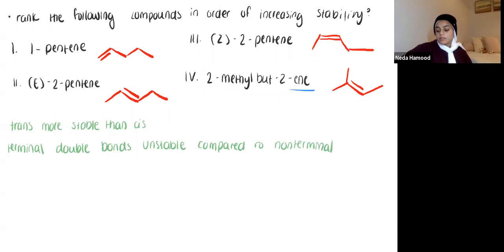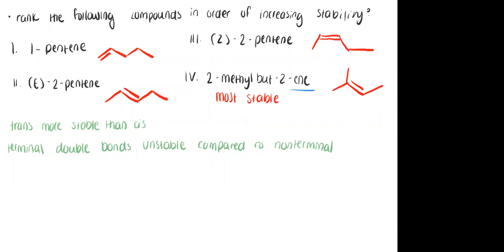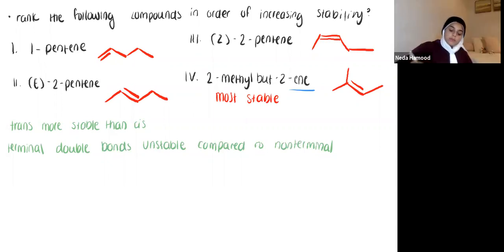So this one here is going to be the most stable. Do you guys know which one is going to be the least stable? 1. I have a vote for 1 being the least stable, and that is correct. So this is the least stable. And then between 2 and 3, which one is more stable? 2. Yep, so you have second most stable.